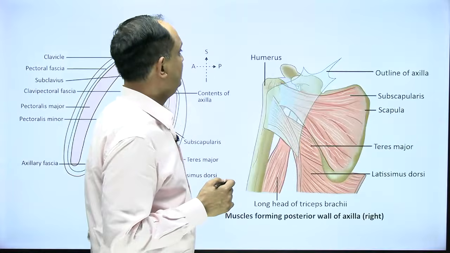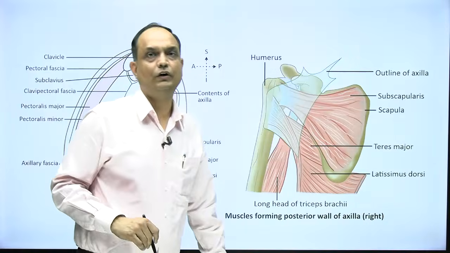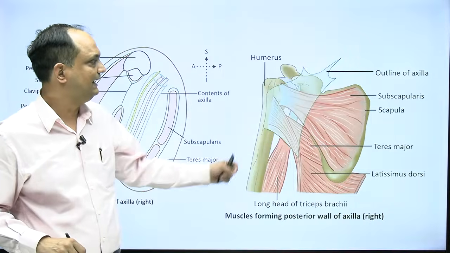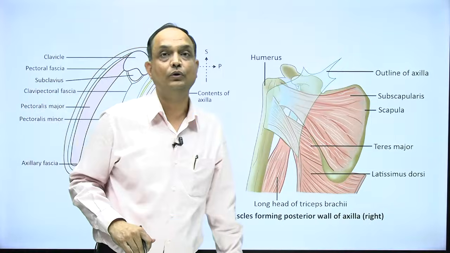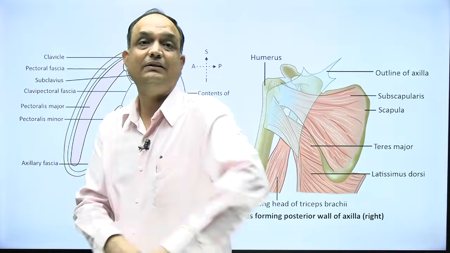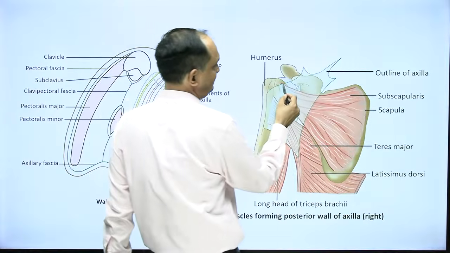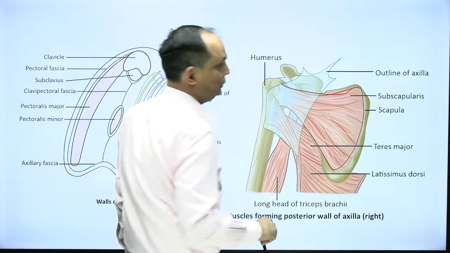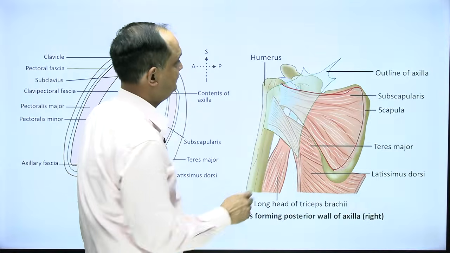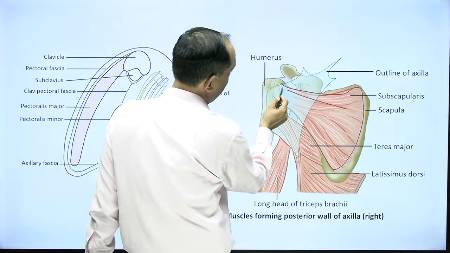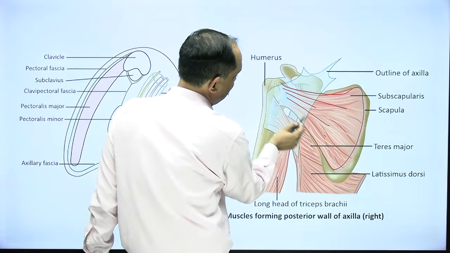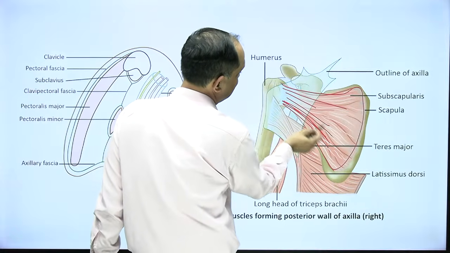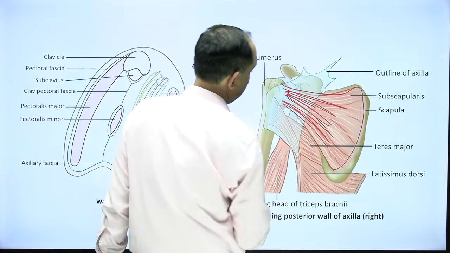Clear? Now, this is the diagram I am talking about. Now see, this is the subscapularis muscle. This subscapularis muscle is taking origin from the costal surface of the scapula, and this muscle is going here. This is how you understand that this is the upper part of the posterior fold.